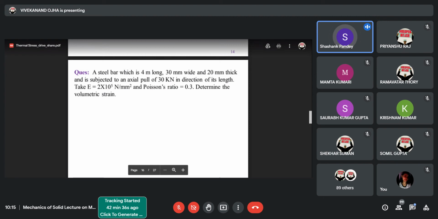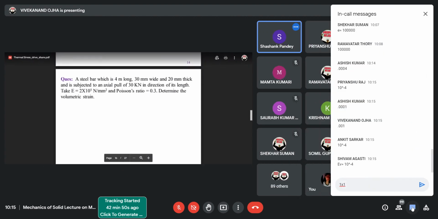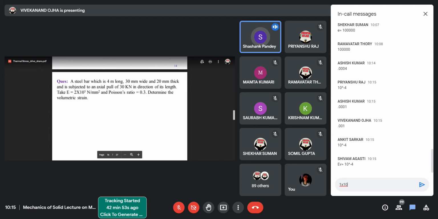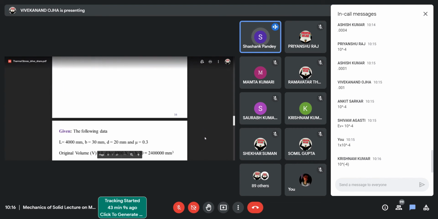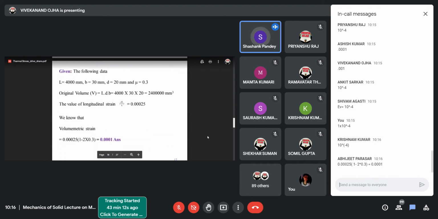So we can calculate the original volume. So once we know the original volume, we have been given the value of the load, so the longitudinal strain will come out to be this value, 0.0005, and using expression number 12 given in your slide number 14.